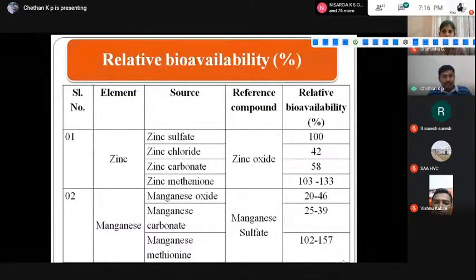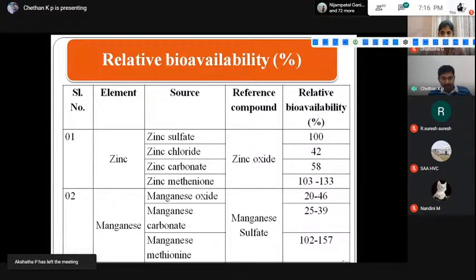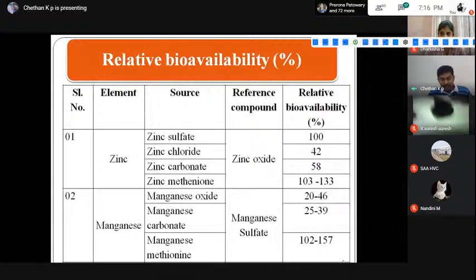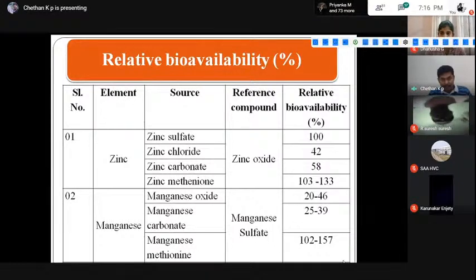Bioavailability is whatever concentration of minerals supplied in the feed which is not appearing in the feces, that means which is absorbed and available for the animals for utilization for productive purposes. Suppose zinc oxide is taken as a standard: if you supply 100 milligrams of zinc oxide, and all the mineral is absorbed, that is 100%.